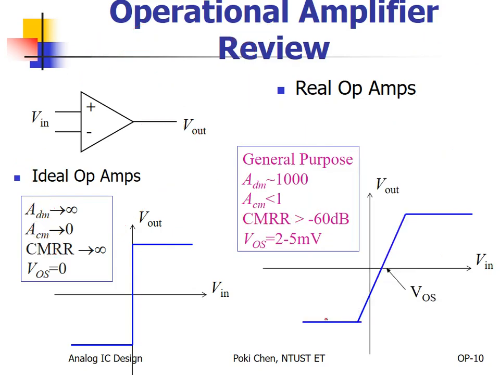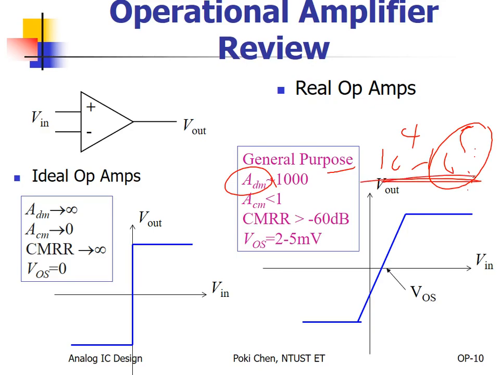See? For ADM, usually 60 dB. I mean, 1,000. Good enough. For some specific designs, it can be 10,000 or even 100,000. Okay, for one op-amp. But nothing is free. You need to pay for what? The bandwidth will become really, really small.